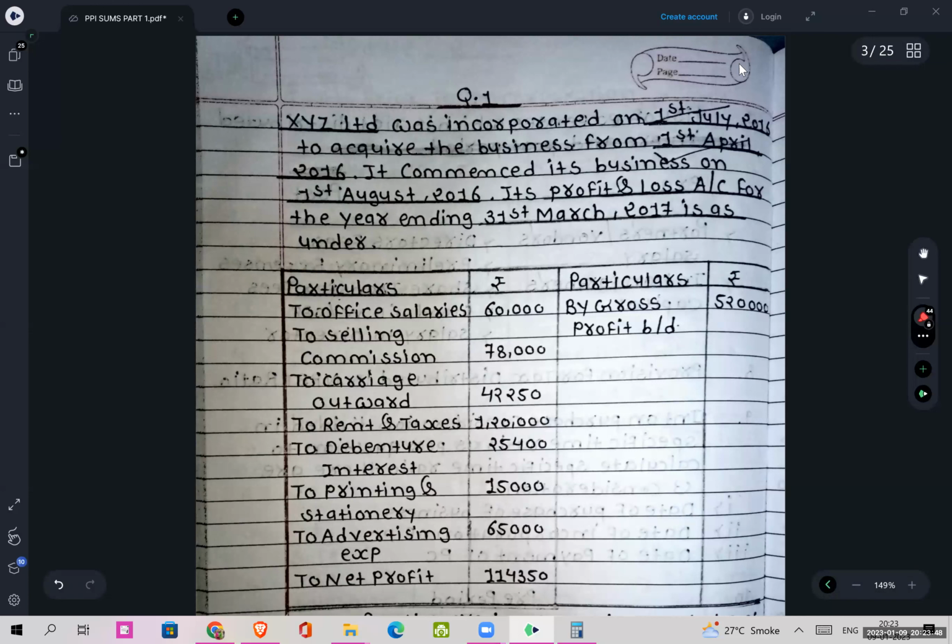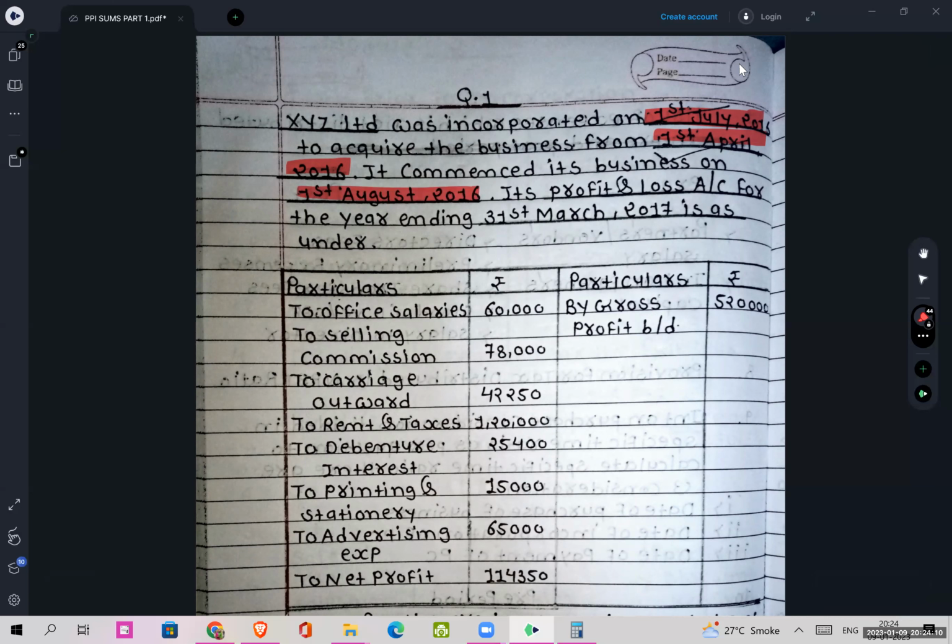XYZ Limited was incorporated. Incorporation date is 1st July 2014. So this date is very important. To acquire business from 1st April 2016. It commences business on 1st August 2016.